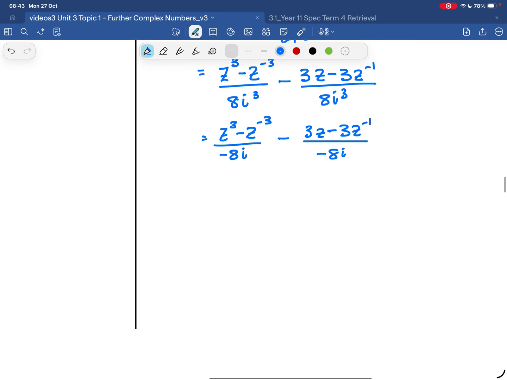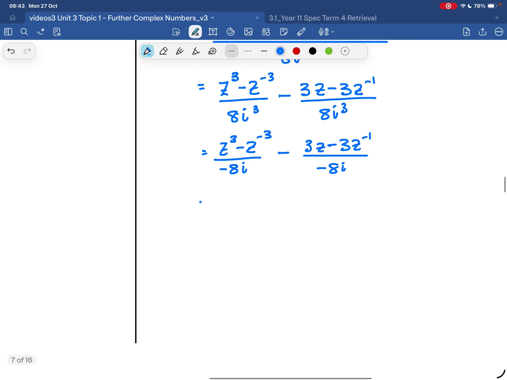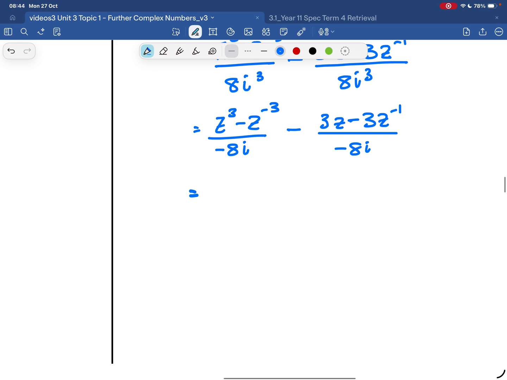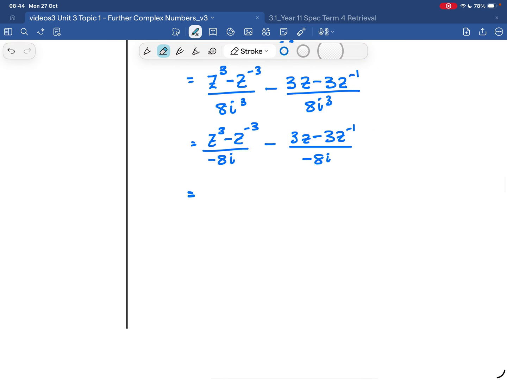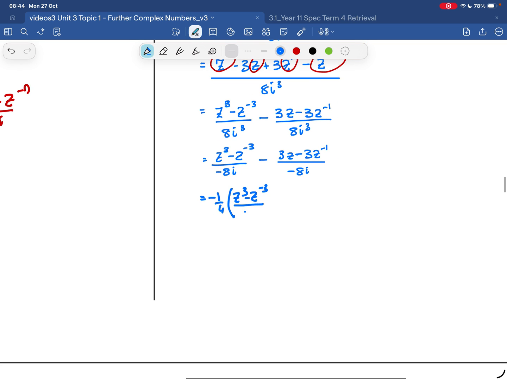All right, so let me take 1/4 out of both of those so that I can have negative a quarter times z cubed minus z to the negative 3 over 2i. And I'm going to take out a negative a quarter there, and at the same time I'm just going to factorize out that 3.